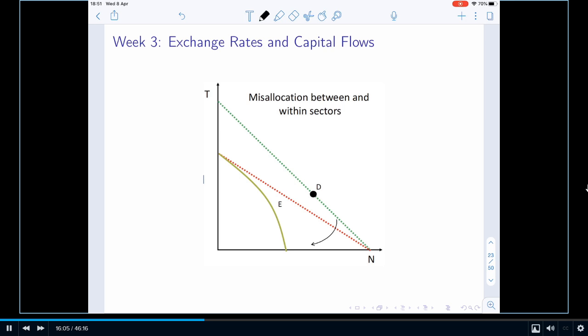So the key point is that if we were supposed to end up at point D after the capital inflows when there was no misallocation, we might end up, for example, at a point, let me call it E here, which is clearly worse than D in that you have less of everything. And it's also a point where the size of the non-tradable sector is very large relative to the tradable sector.